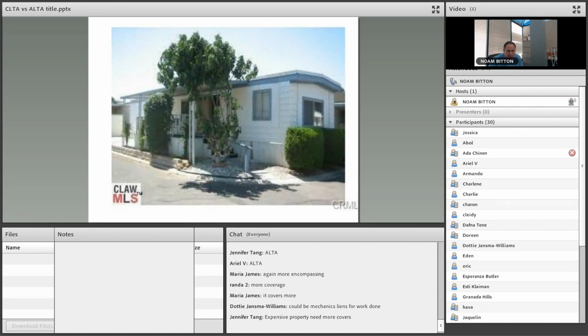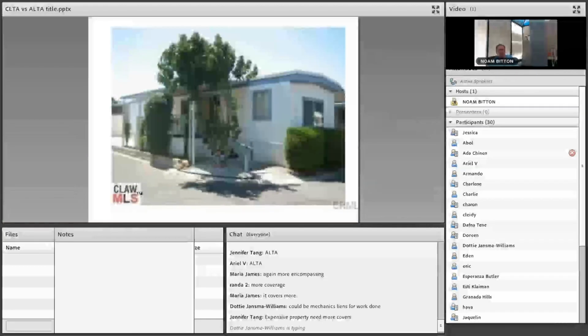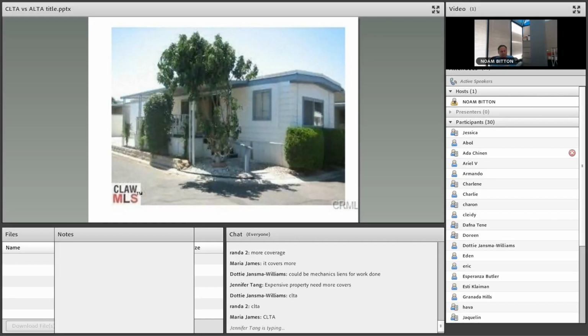Okay. Let's finish this. What do you think is that? Okay, this is a motorhome. What do you think, guys? ALTA or CLTA? Okay, I got you here, guys.